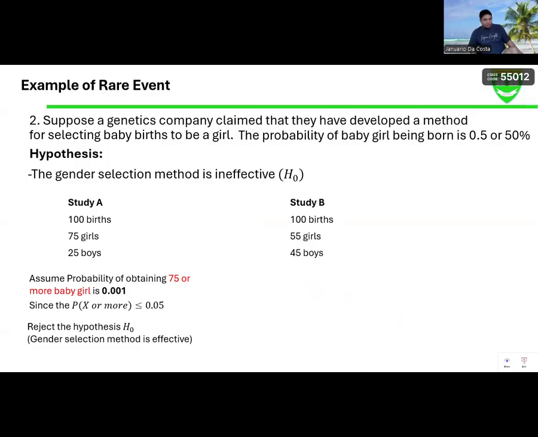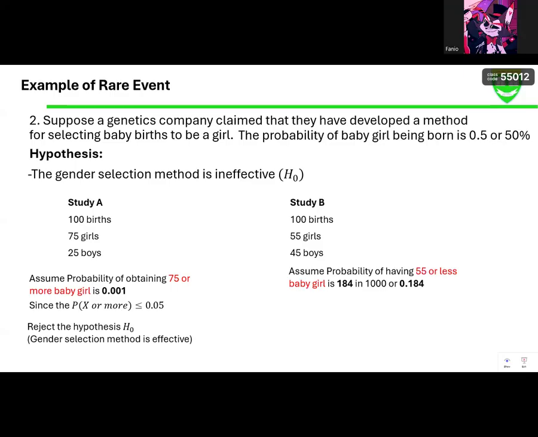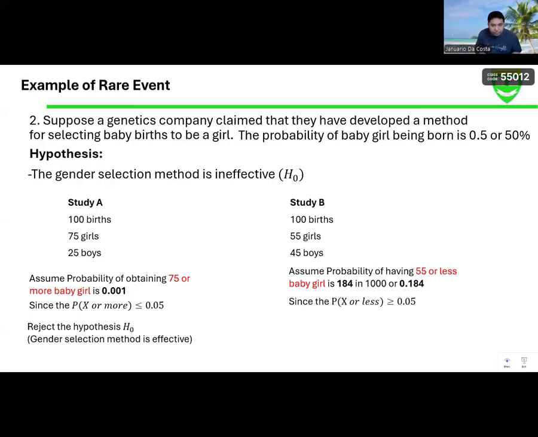Okay. Now the probability of having 55 or fewer baby girls, 55, 54, 53, 50, that is 0.184, which is greater than 0.05.